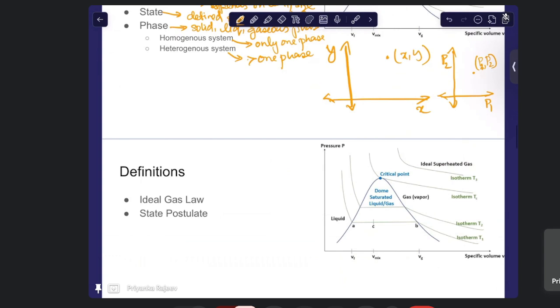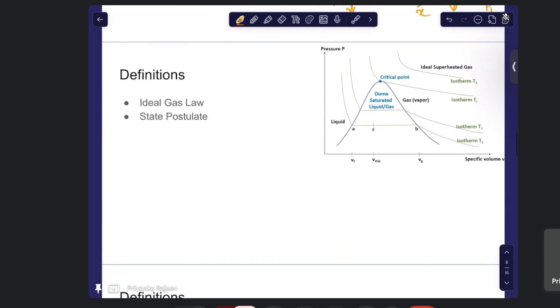Then we have something called the ideal gas law. So the ideal gas law is PV equals nRT, where P is pressure, V is volume, n is the number of moles of substance, R is the universal gas constant, and T is temperature.